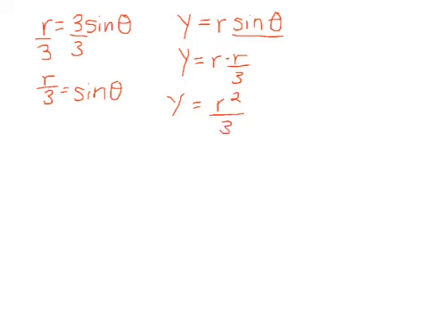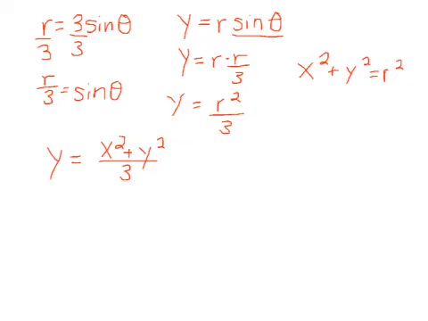So now we want to be able to replace that r squared so we again have more x's and y's. So we remember that x squared plus y squared equals r squared. So we're going to replace r squared with x squared plus y squared, and that's all over 3. So this is looking pretty much like a rectangular equation because we have just x's and y's, but we're going to make it a little bit more pretty.